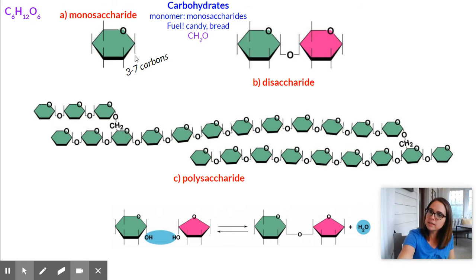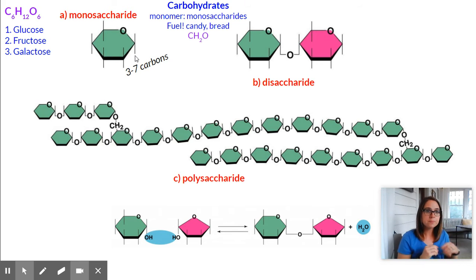Our classic monosaccharide formula you might have heard of before from Bio 1-2 is C6H12O6, and that's good old glucose. It's not just glucose, though. It's actually fructose and galactose as well. But all three of those molecules have the exact same formula, but how the atoms arrange themselves is different.